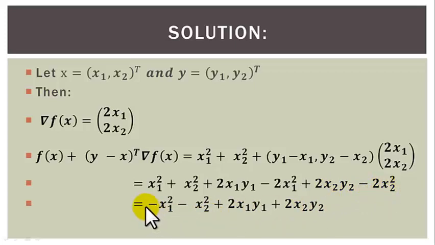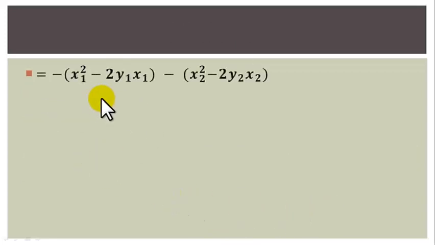And this is equal to minus x1 squared, that's x1 squared minus 2x1 squared will give us minus x1 squared, x2 squared minus 2x2 squared will give us minus x2 squared, plus 2x1 y1 plus 2x2 y2. Rearranging the last equation, this will give us minus into x1 squared minus 2y1 x1, minus into x2 squared minus 2y2 x2. Let us now complete the squares here and here.